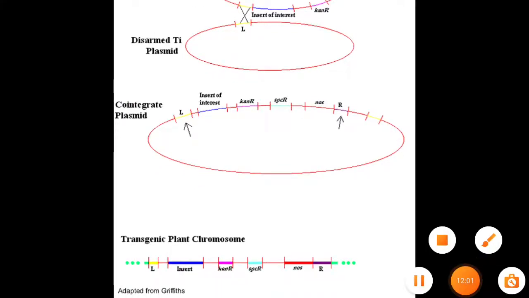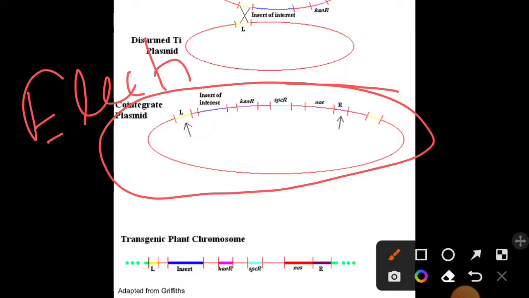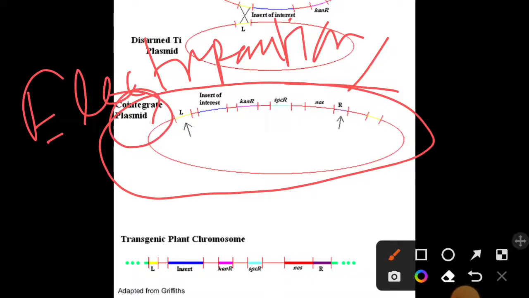Now this co-integrate plasmid is simply extracted from the E. coli. Okay, now with the help of normal transformation procedures such as electroporation, microinjection, or gene gun, we will simply transfer this co-integrate plasmid into Agrobacterium tumefaciens.